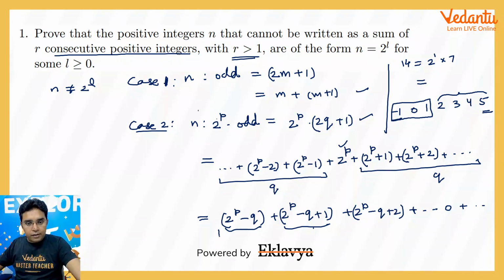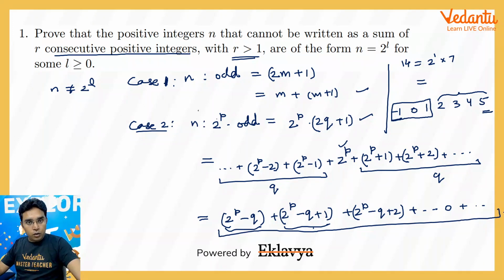But you can definitely count the number of terms whose sum will be 0, and you can say this number 2 power p into odd can be written as the sum of consecutive positive integers, where my first integer starts after the term where the sum was 0.